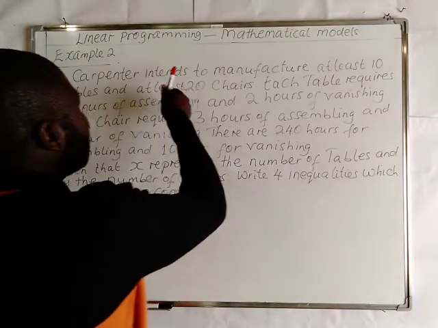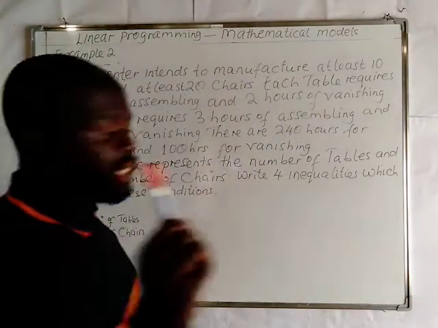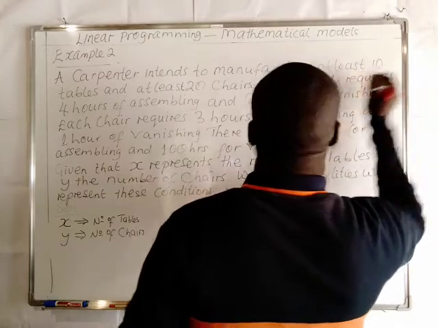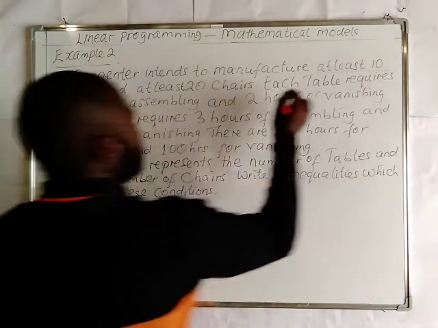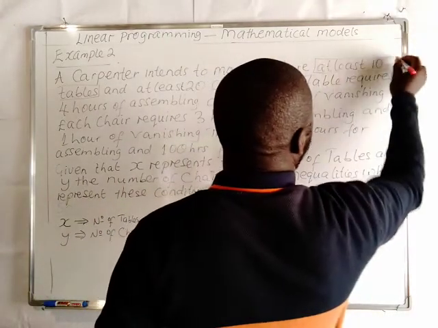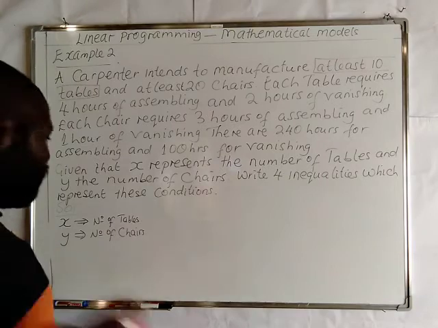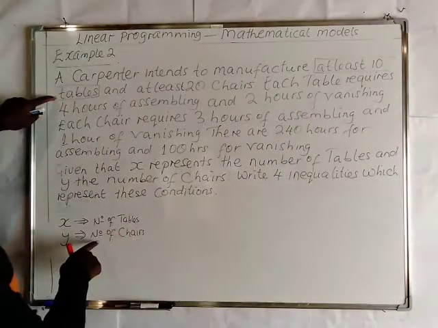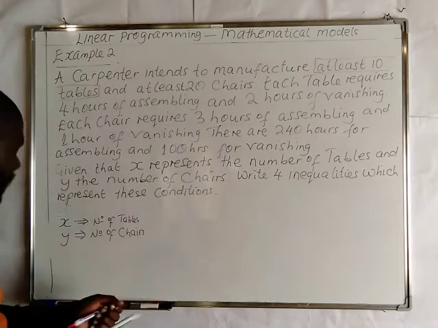A carpenter intends to manufacture at least 10 tables. So we have the first statement: at least 10 tables. From this condition, we are going to come up with our first inequality.